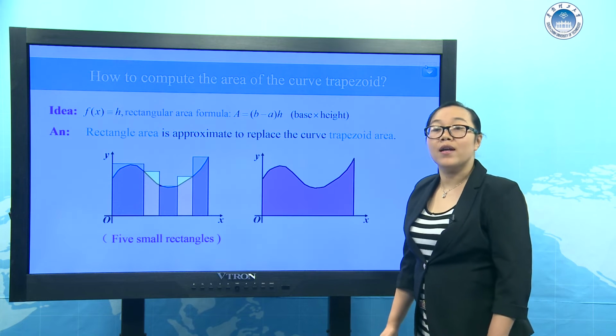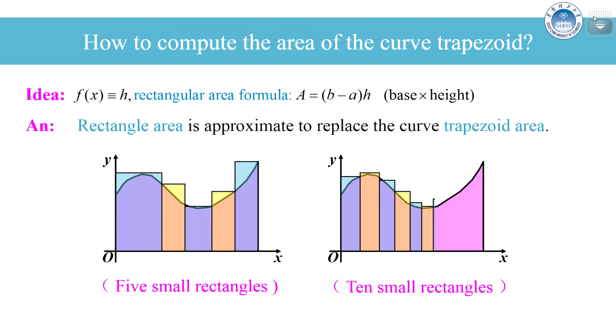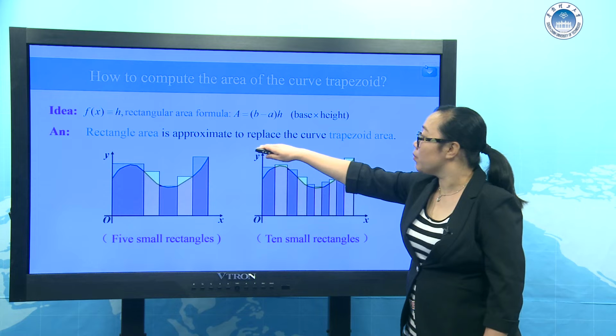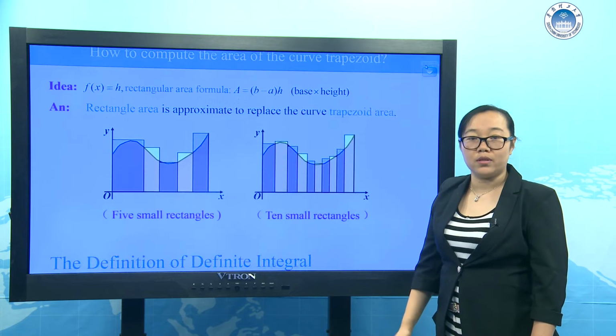If there are 10 small rectangles, 1, 2, 3, 4, 5 until 10, then the sum of the areas of the 10 small rectangles approximately replaces the curved trapezoid area. How to do this idea?